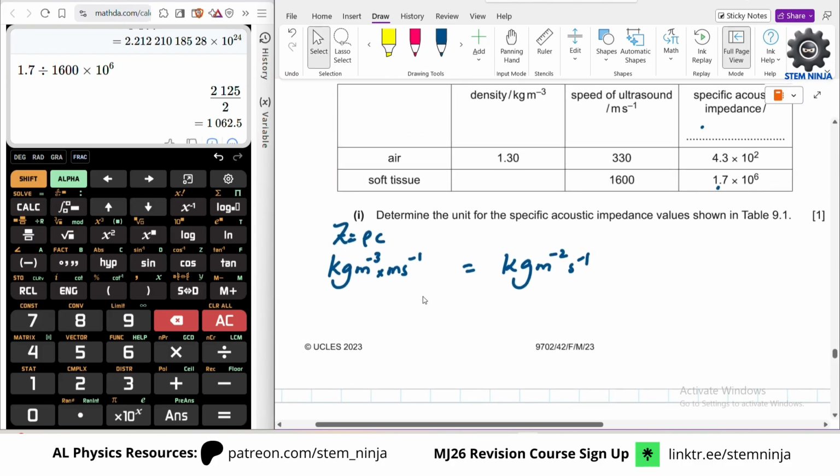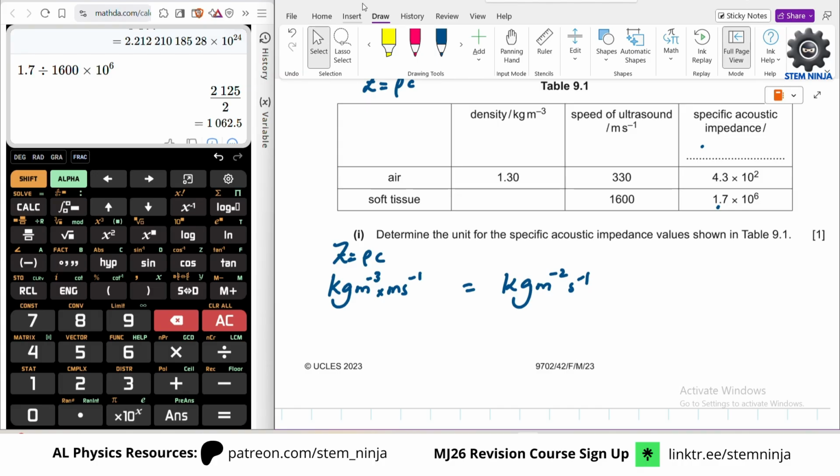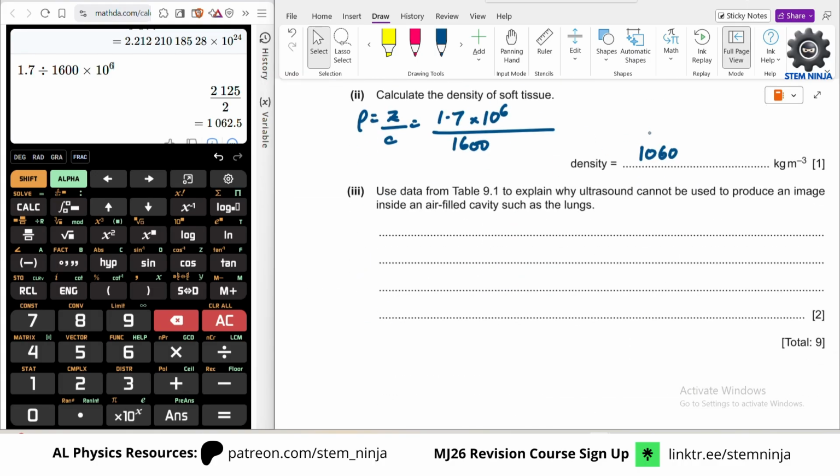How many significant figures do we have? 2. Okay, so I think we can round it up to 1100.